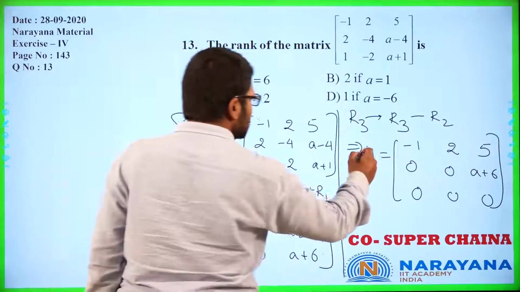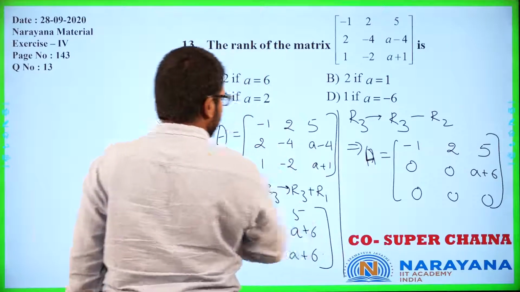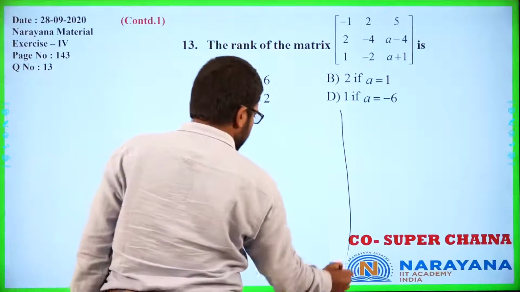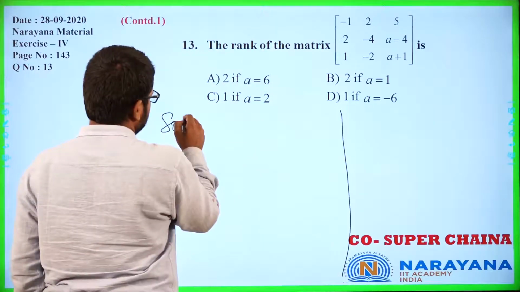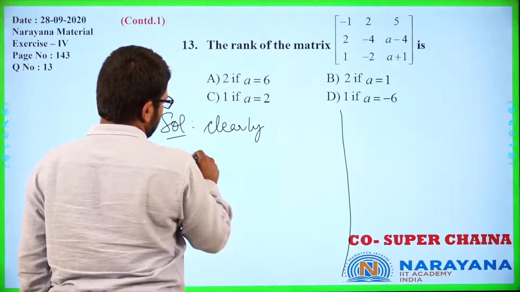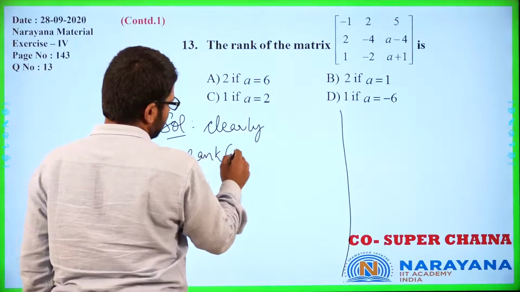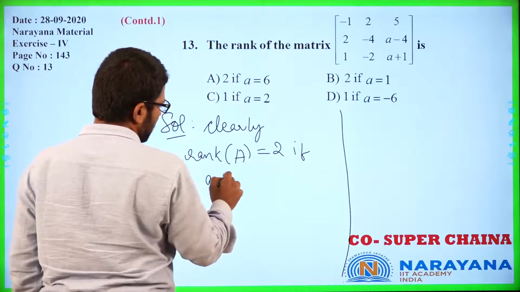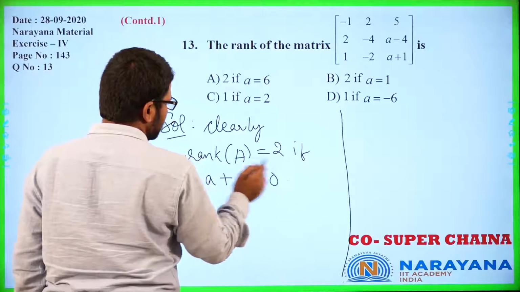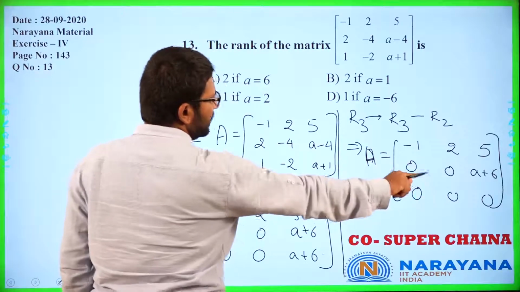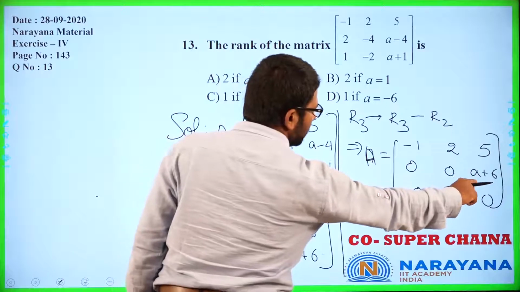So from this, we can conclude clearly rank of A is equal to 2 if A plus 6 is not equal to 0. Can you see that? Rank of A is 2 if A plus 6 is not 0.